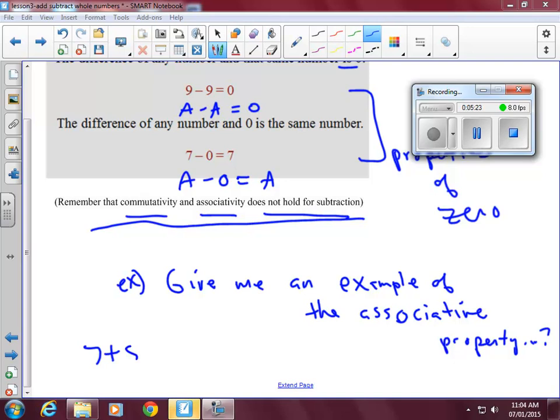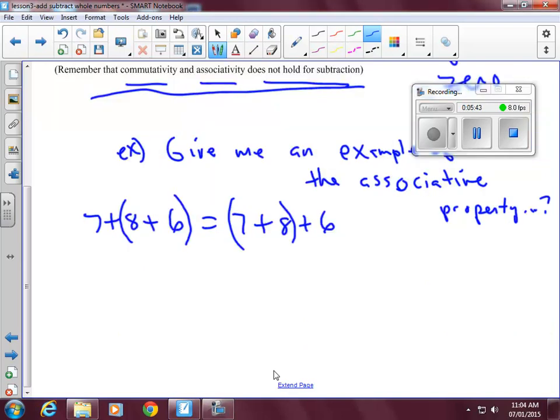That would be like a good test question. 7 plus 8 plus 6 with the 7 and 8 in parentheses, and you're illustrating that that's the same thing as 7 plus 8 plus 6 with the 8 and 6 in parentheses. That's what the associative property says: you've got 7, 8, 6, 7, 8, 6. You've got the same numbers, but you've, note to self, changed the grouping.